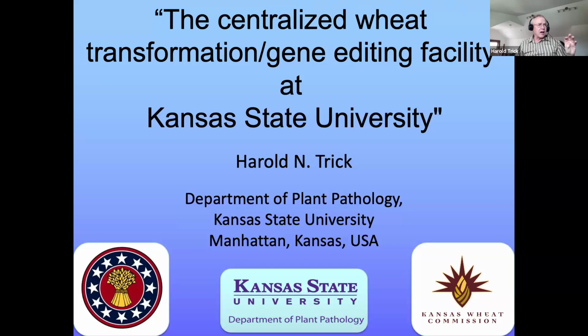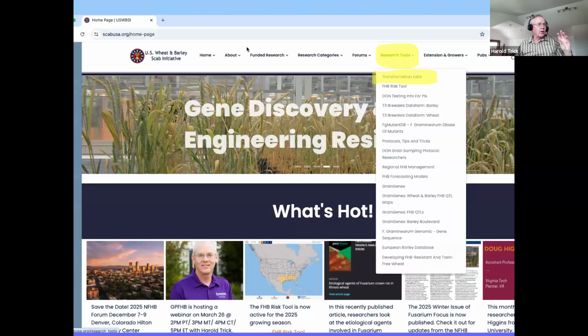For trying to get onto the website itself, this is the U.S. Wheat and Barley Scab Initiative website. If you look at the research tools, if you select that and then draw down, you'll see the transformation labs.